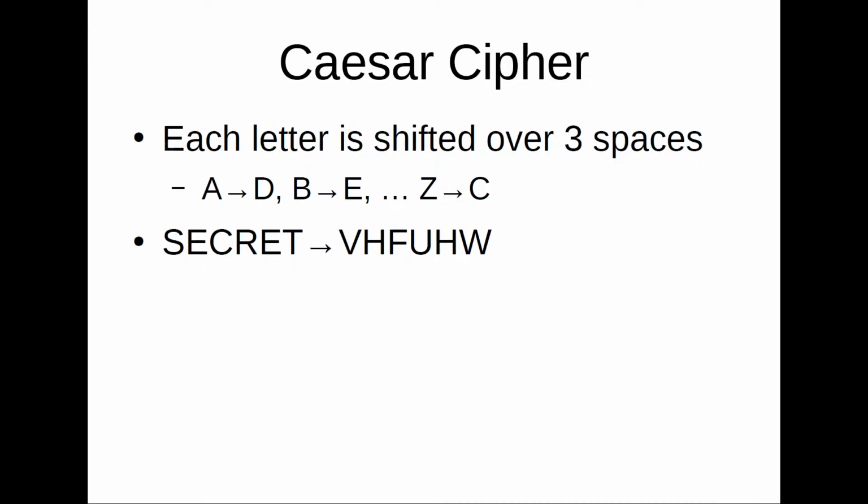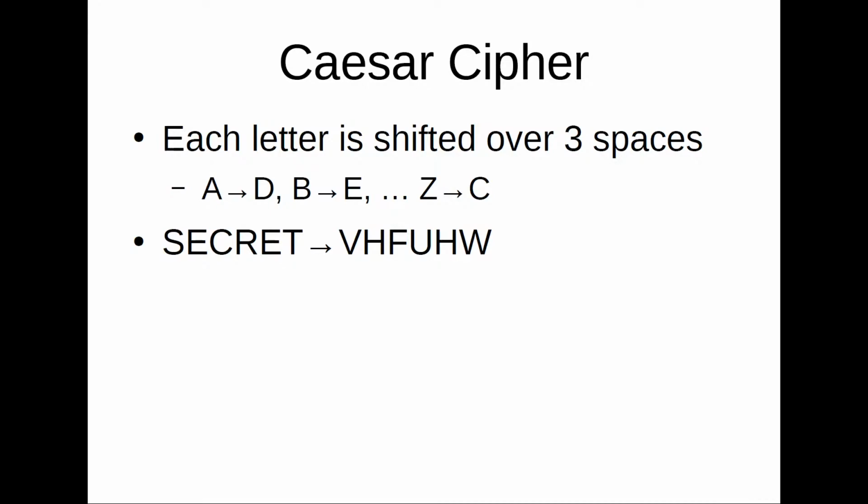It wraps around to the beginning, so for example, Z becomes C. And to do it in reverse, you just do it in reverse. A D becomes an A, an E becomes a B, so on and so forth. You get a C becomes a Z. And if you take secret, for example, and put it through the Caesar cipher, it becomes BHFQHW.